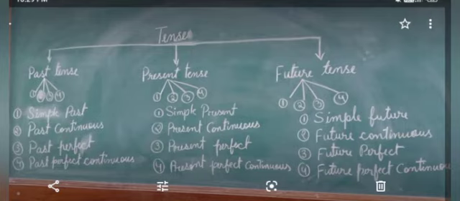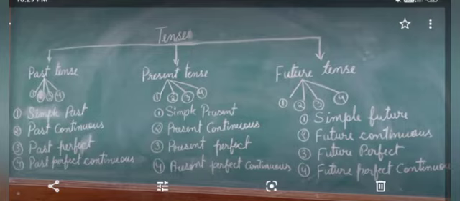Now, if I talk about past tense, the first one is simple past, the second one is past continuous, then comes the past perfect and past perfect continuous. Same way is the present tense. The first one is simple present, present continuous, present perfect, and present perfect continuous.